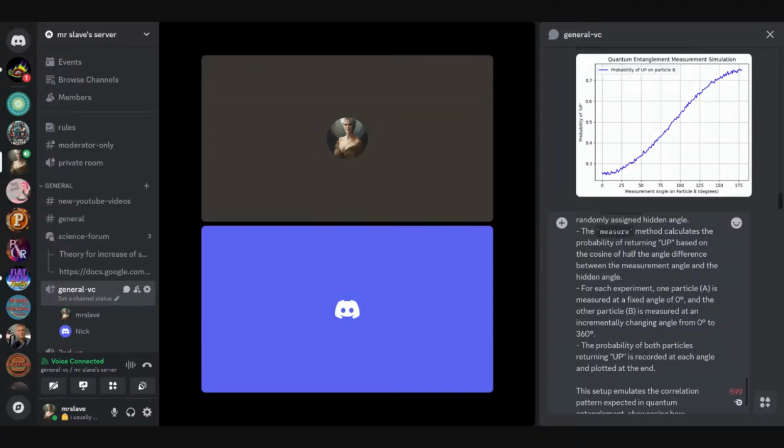Thinking. Okay, let's break down this line of code. This line calculates the probability of a particle's spin being measured as up in a quantum entanglement experiment. Here's a step-by-step explanation. Delta angle over 2 calculates half of the difference between the measurement angle and the particle's hidden spin angle delta. In quantum mechanics, this difference is crucial in determining the probability of a specific measurement outcome.